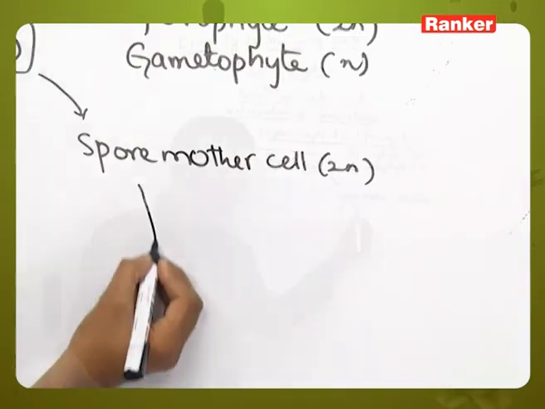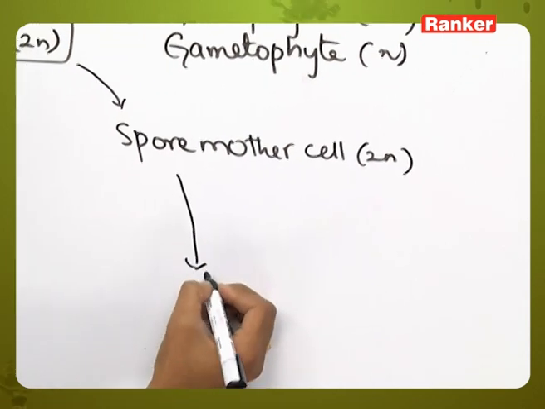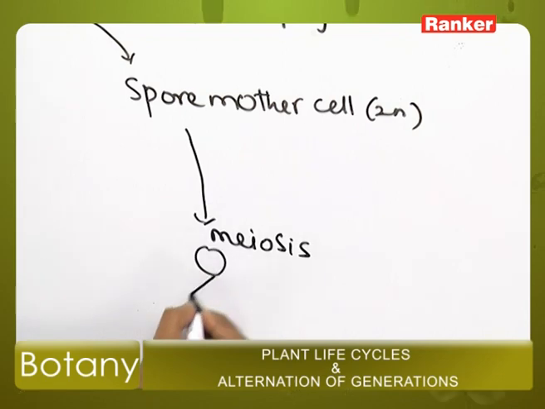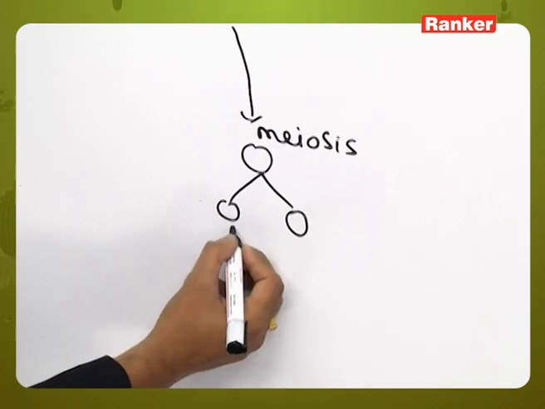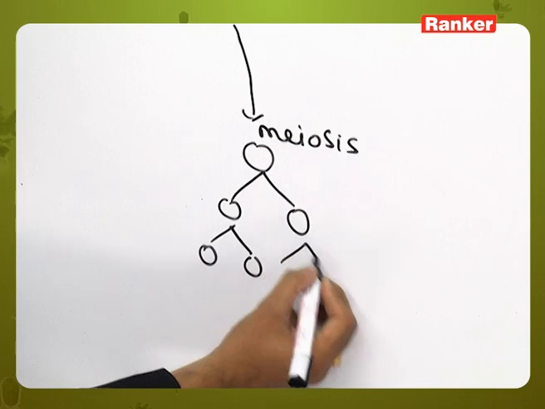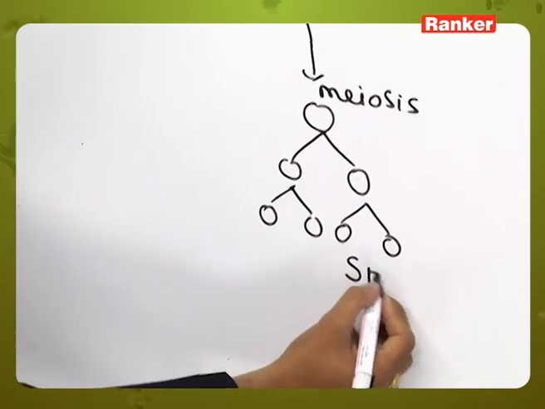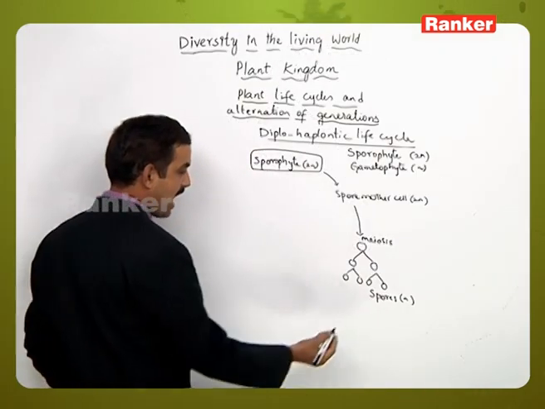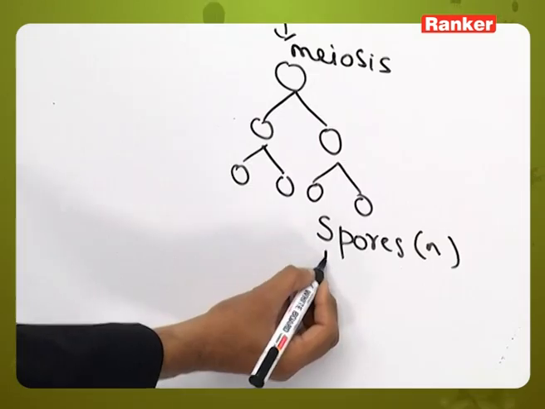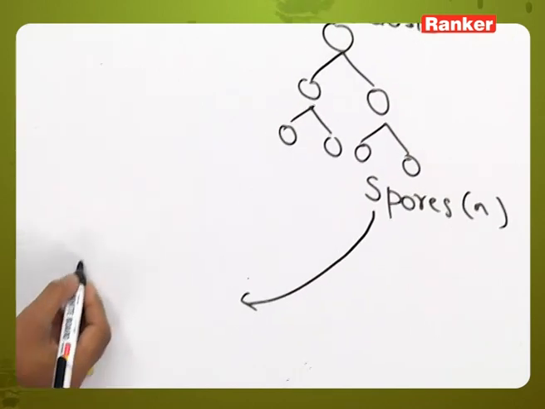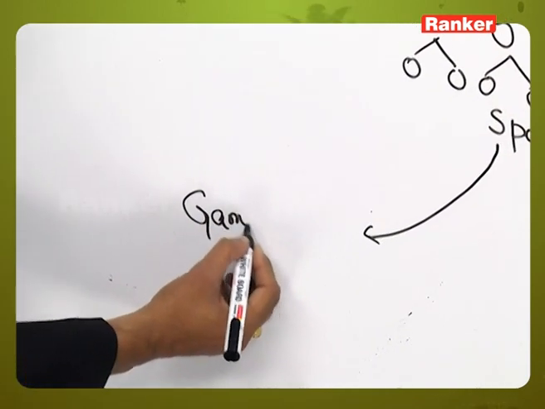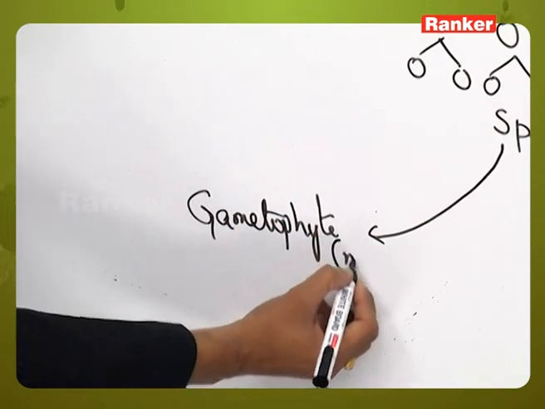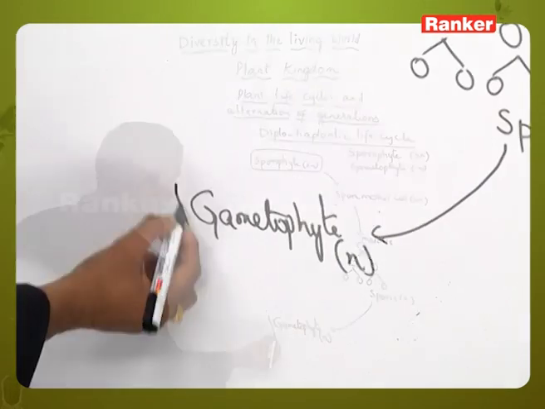Then these spore mother cells will undergo meiosis, where one spore mother cell will form 4 haploid spores as a result of meiosis, and these spores, when they germinate, give rise to the next stage called the gametophyte stage, which is haploid in its condition.